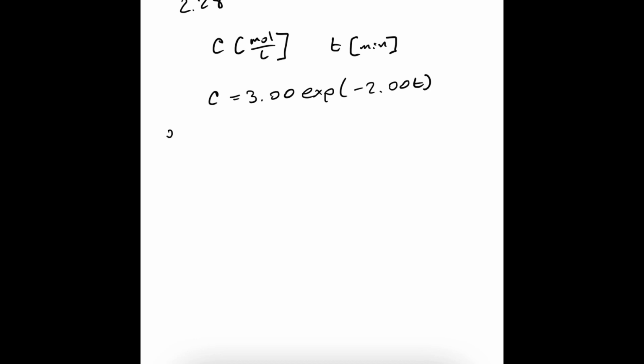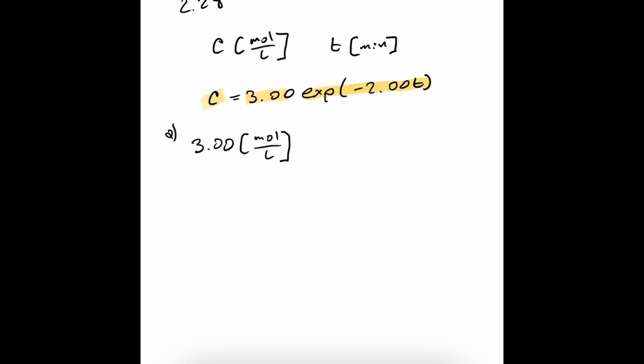Okay, part A, what are the units of 3 and 2? I've explained this in the last 2 episodes. This exponent cannot have units, so this term must have the same units as this term. So we know that the 3 actually has units of moles per liter.